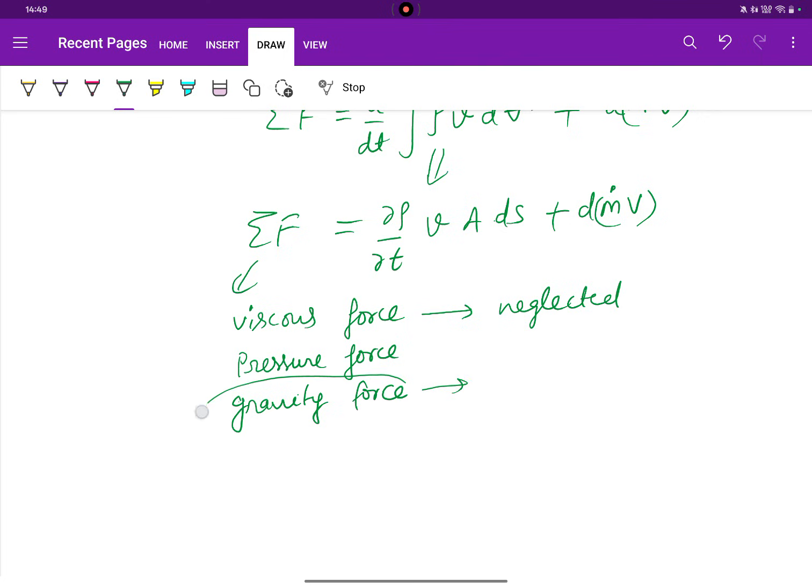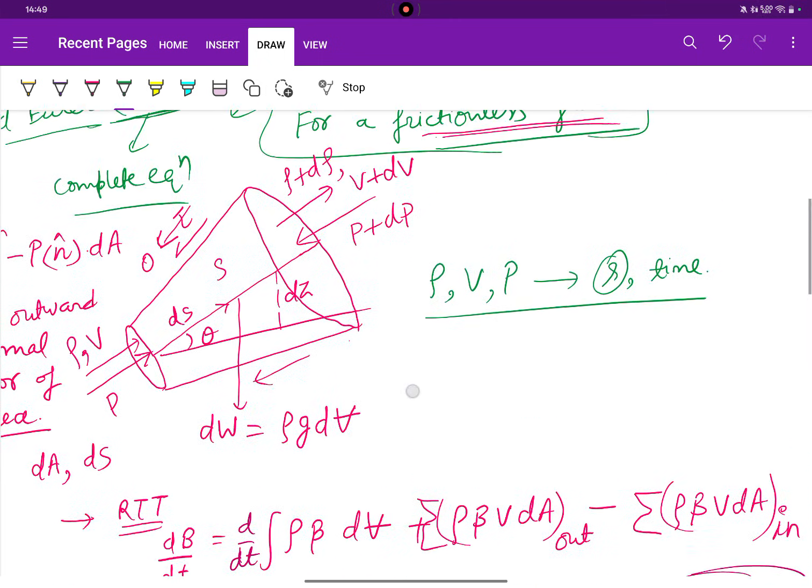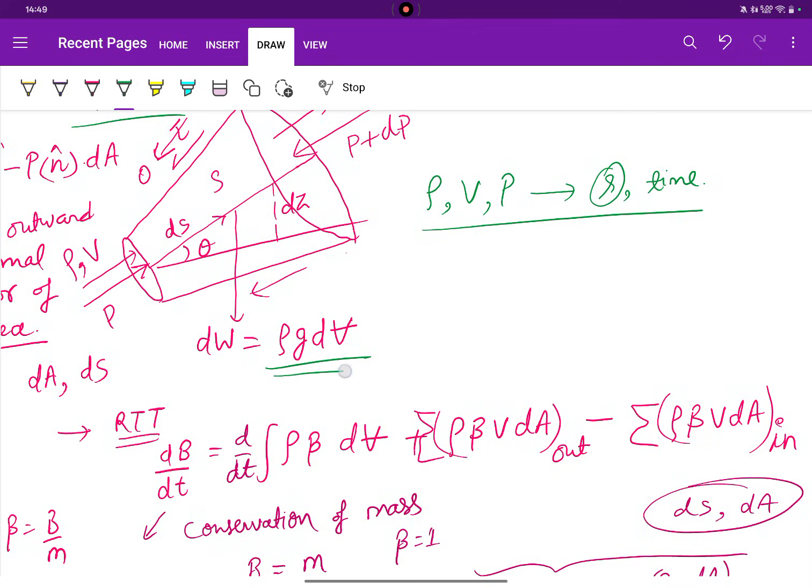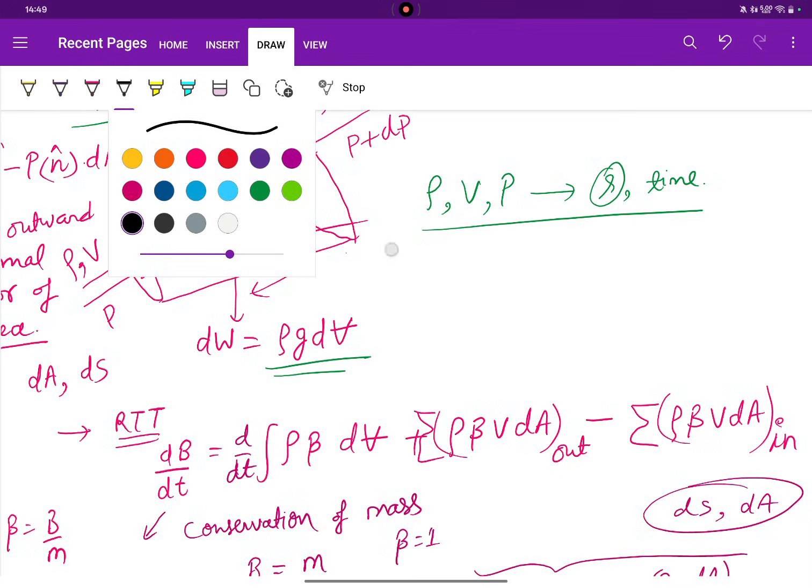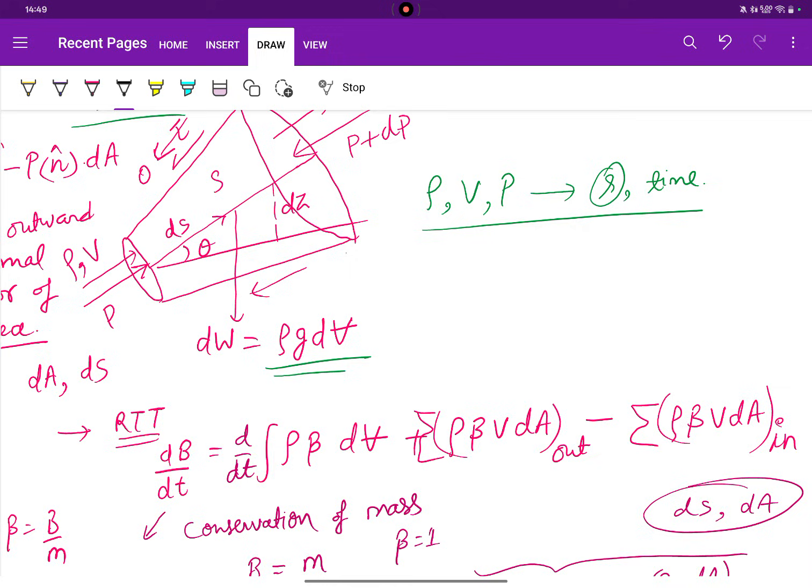Let's work on the weight and then we'll work on the pressure force. We estimated this weight, right? So basically rho g, and it can again be approximated as A into ds. Now tell me one thing, which component of this force is going to act along the streamline? So this is theta, right? Cos is going to be perpendicular, and it's the sine component.